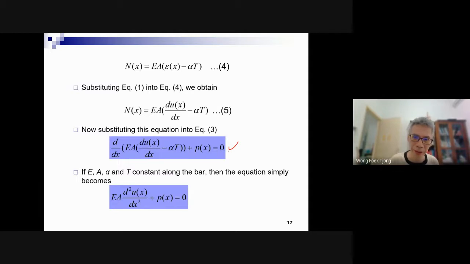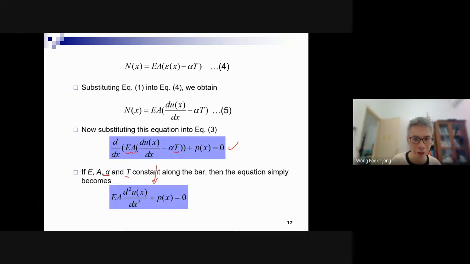We may say this is the governing equation for the axial deformation bar model. This is very general, but when the bar is made from material where E, A, alpha, and all are constants, we may simplify the equation into these equations.